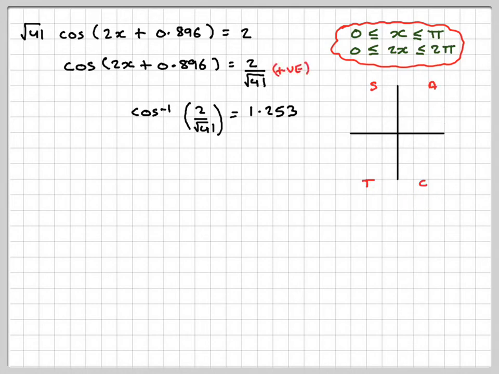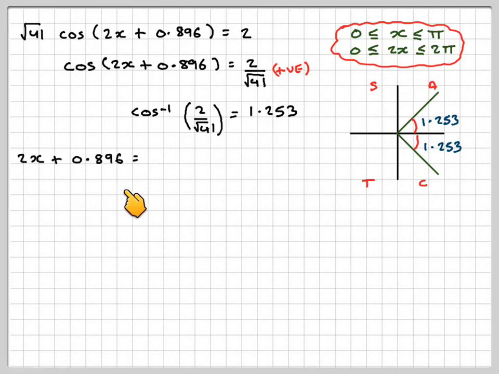We want to know where it's positive. Cos is positive in the first and the fourth quadrant, so we'll make our angle here 1.253, the angle here 1.253, so we get 2x plus 0.896 is equal to 1.253, or 2 pi minus 1.253.